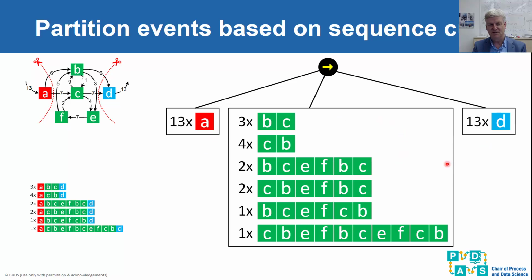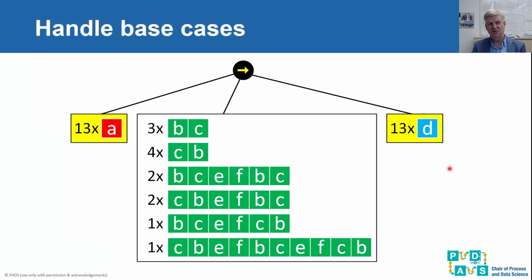by this process. Note that this example is very simple and misleading. Of course, the red part normally is a collection of activities, and also the blue part is a collection of activities, making it more interesting. So the red sublog and the blue sublog are already so-called base cases, because they just talk about one activity.